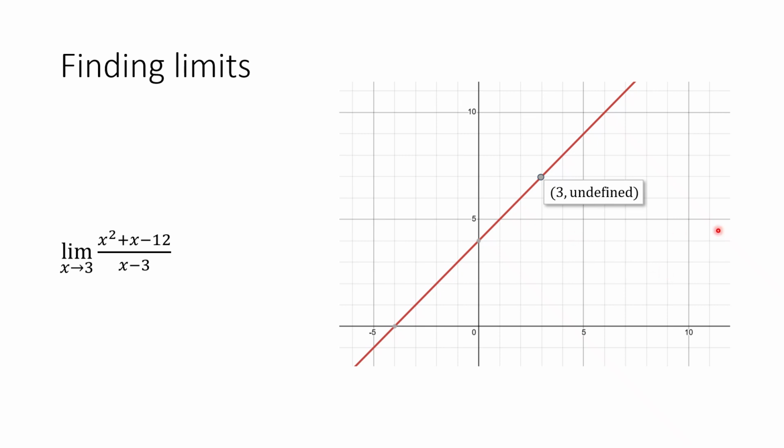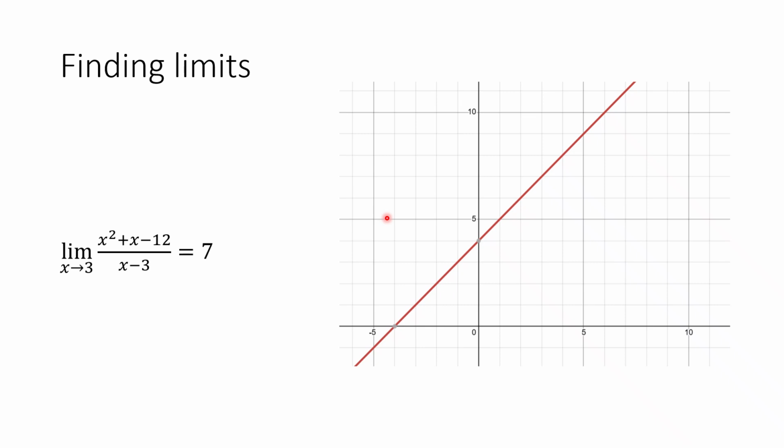However, if you were to just take a look at what's happening on the left and the right, it will be fine to ignore the hole essentially and say, well, as I get close to 3 from the left, I'm getting really close to the value of 7. And as I approach it from the right, I'm getting really close to the value of 7. So we can say that the limit equals 7 even if the function doesn't exist there.